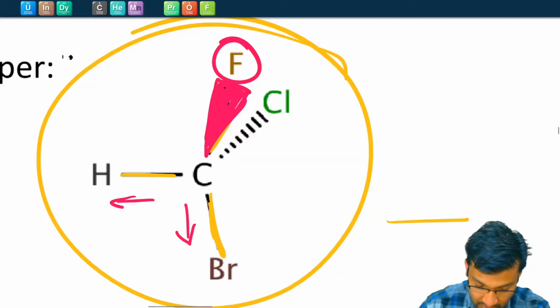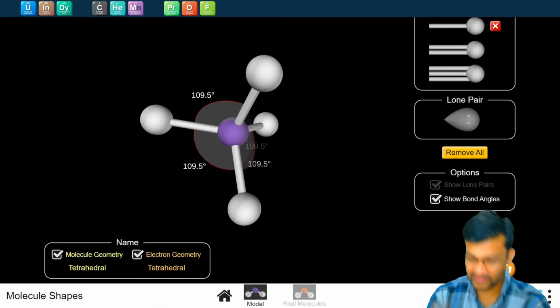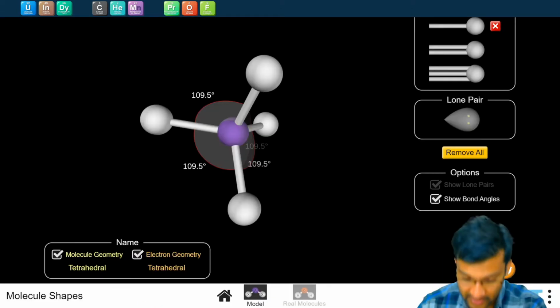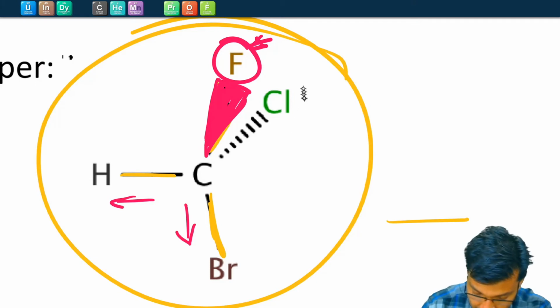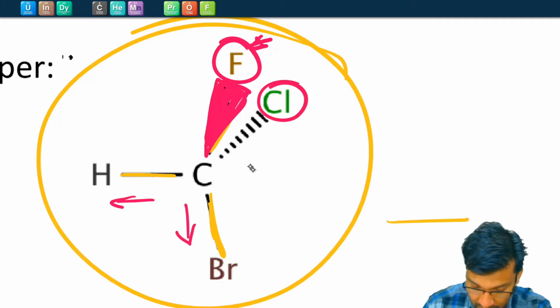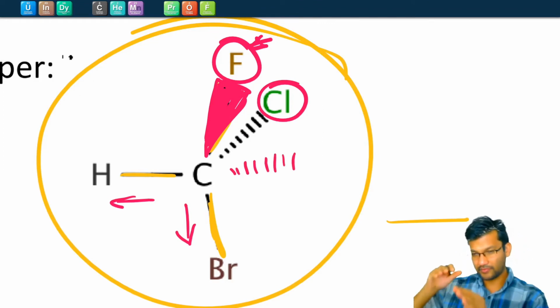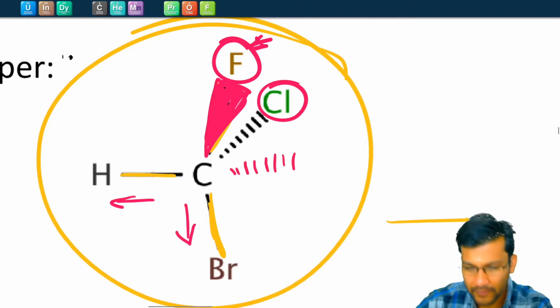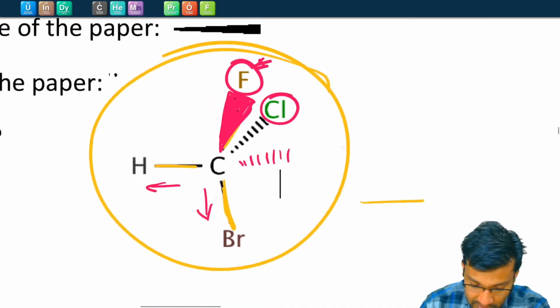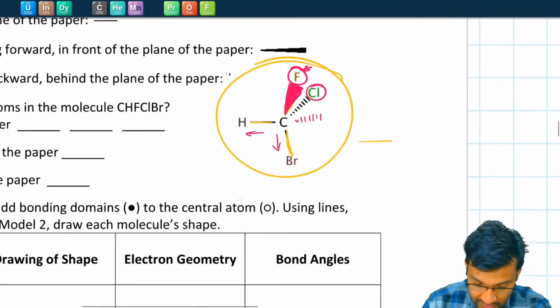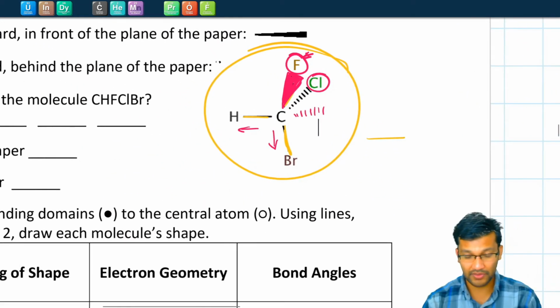This one that sticks out on top, like the fluorine here, sticks towards you, out from the page. And then the chlorine, in this example, using these dashed triangle lines, is sticking behind the plane of the page.